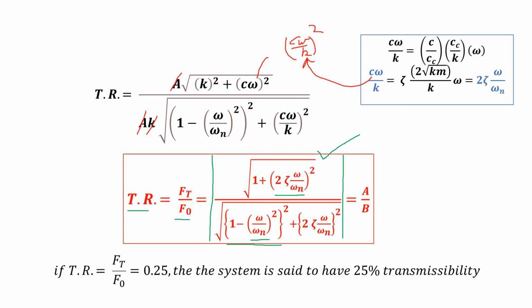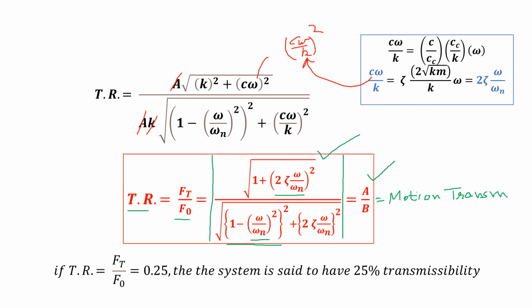If you remember from the topic of support motion, this is the relation for A by B. A by B is known as motion transmissibility. But here the motion is transmitted from the base to the mass.